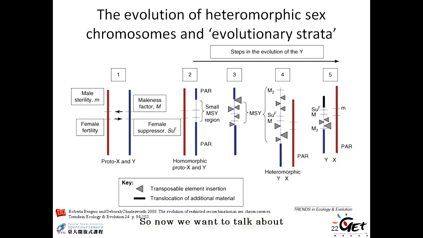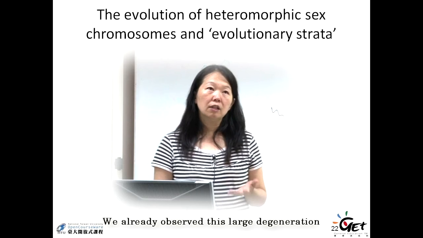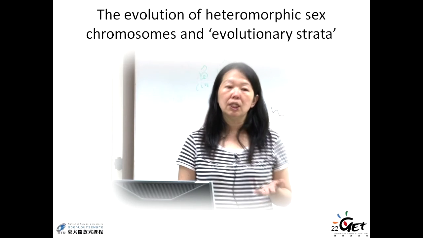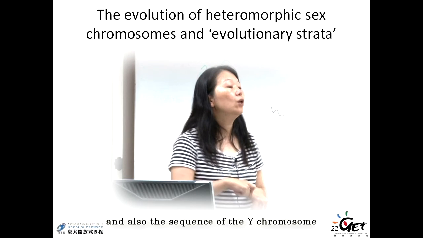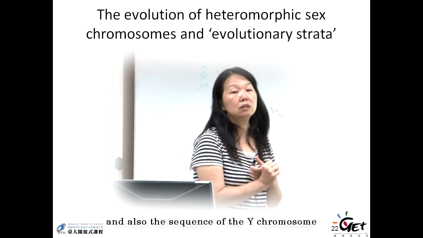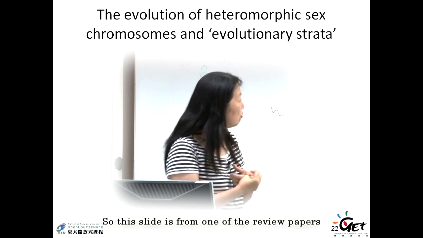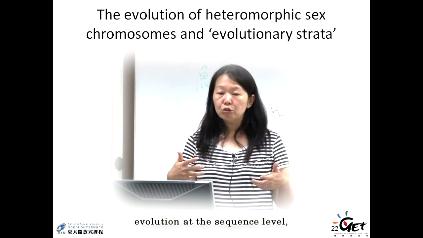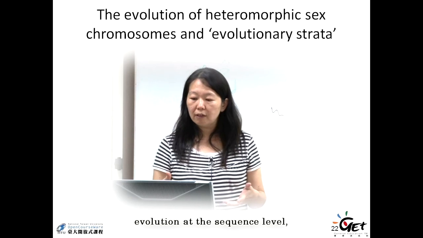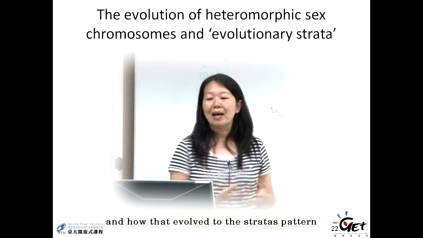Okay, now we want to talk about what happened during evolution. We already observed large degeneration in the Y chromosome in terms of the number of genes and also the sequence. This slide is from one of the review papers, which tries to talk about the evolution at the sequence level and how that evolved into the strata pattern.